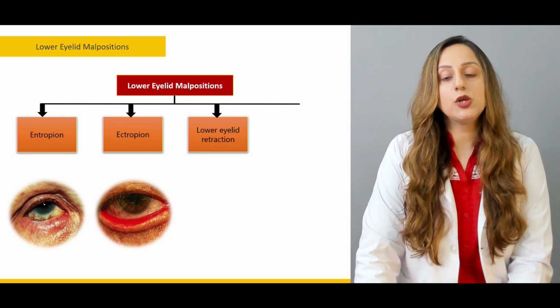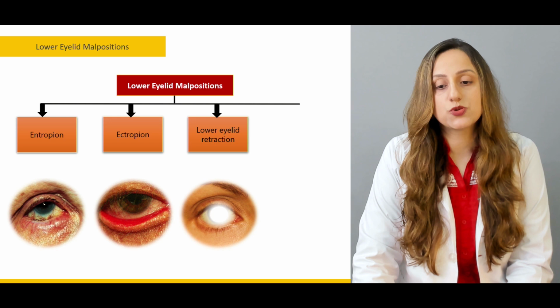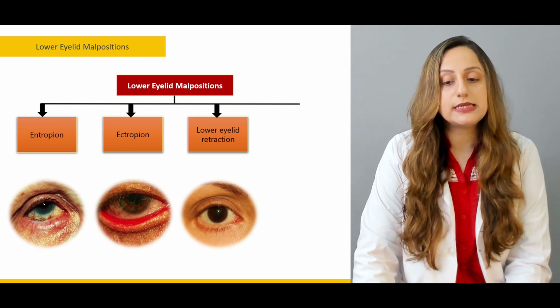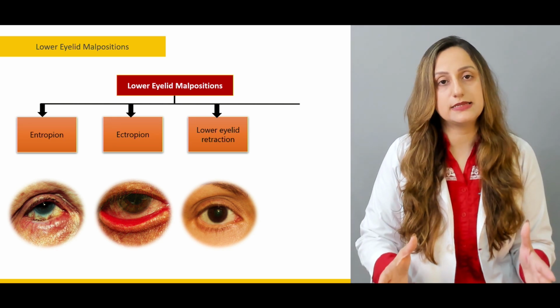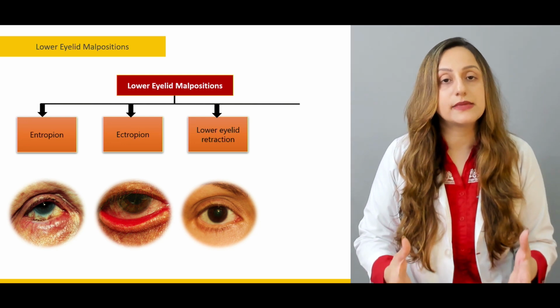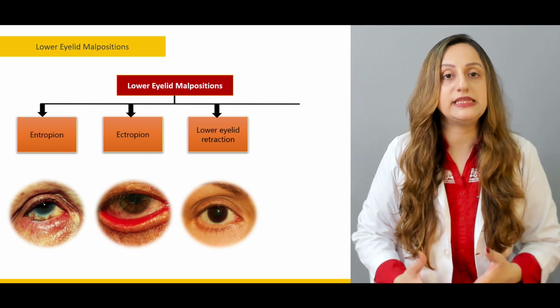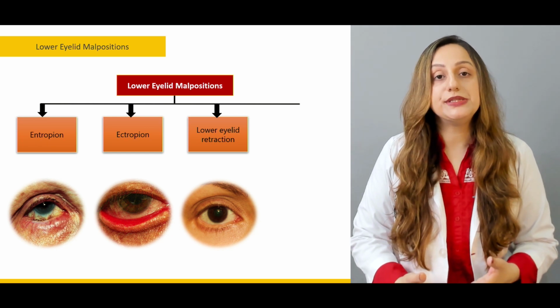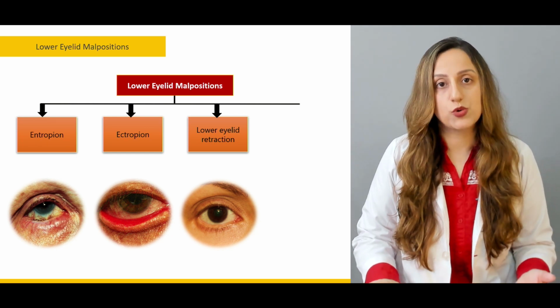Then we have the lower eyelid retraction. As you can see, most of these cases affecting the lower eyelid have a causative factor that, on one hand, can be the age factor. Usually these conditions are senile in most cases.